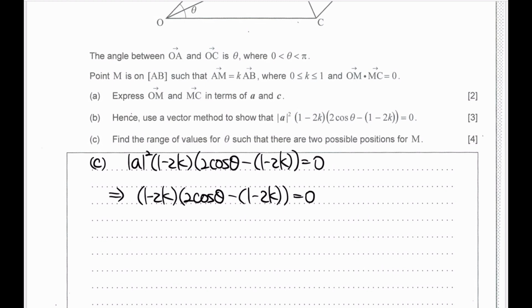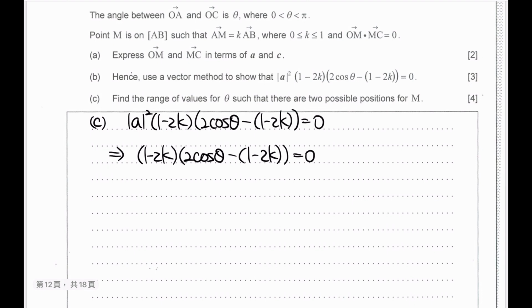Well then, this implies that either 1 minus 2k is 0 or 2 cosine theta minus 1 minus 2k is 0. So we discuss two cases.